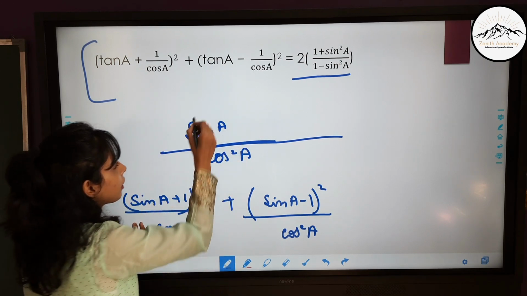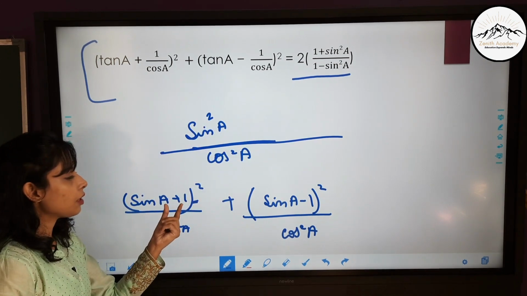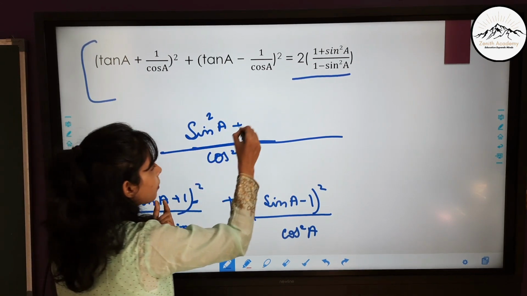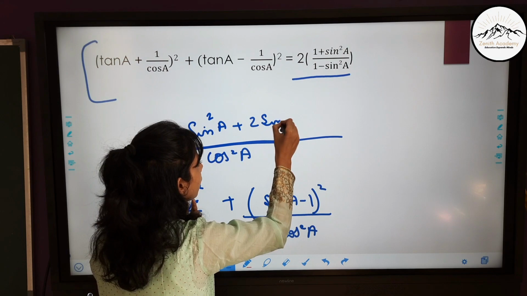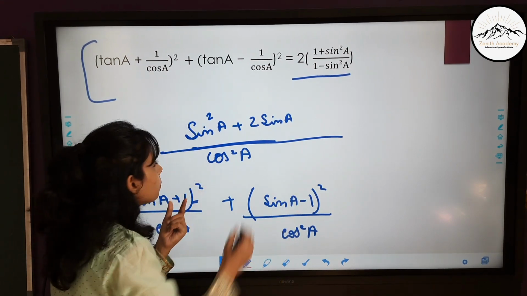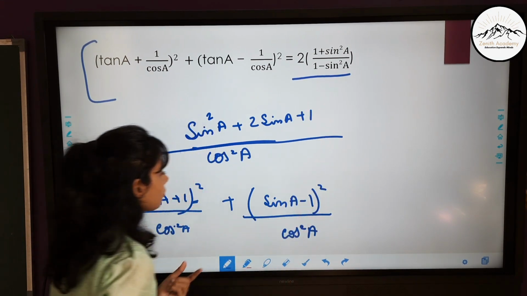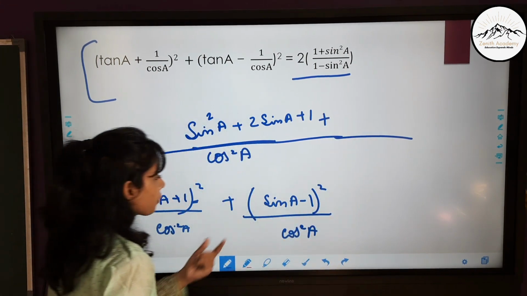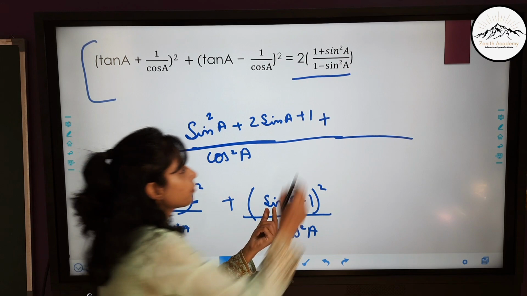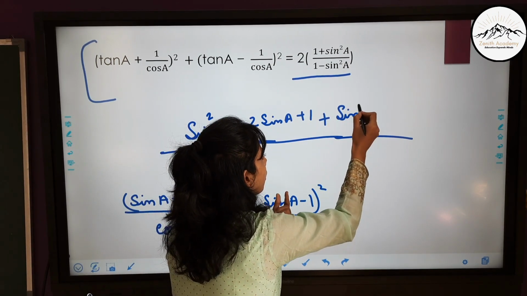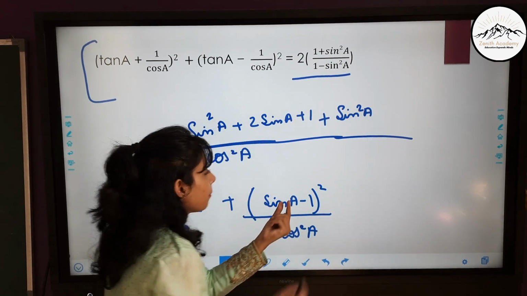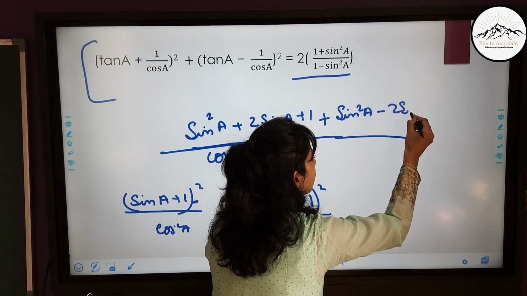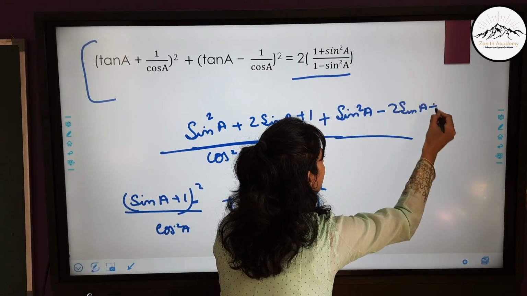So we'll open the brackets. This is a plus b whole square. So sine square a plus 2 sine a plus 1, and here, what is it? Plus sine square a minus 2 sine a plus 1.